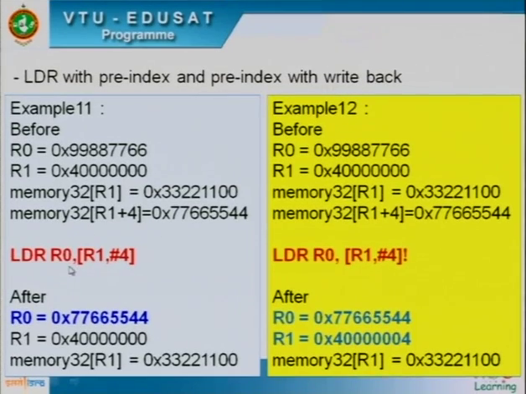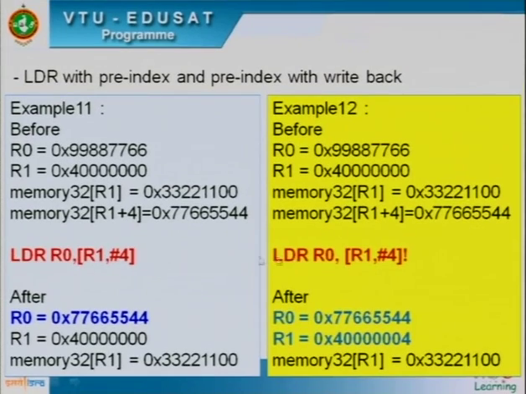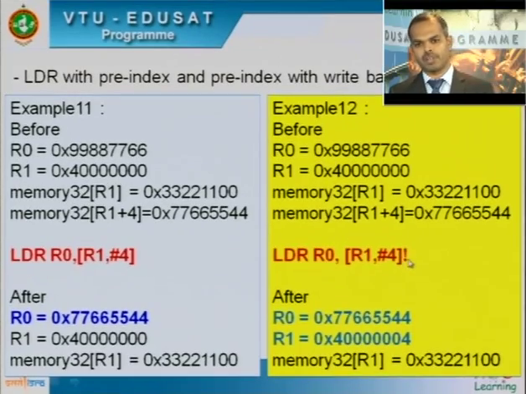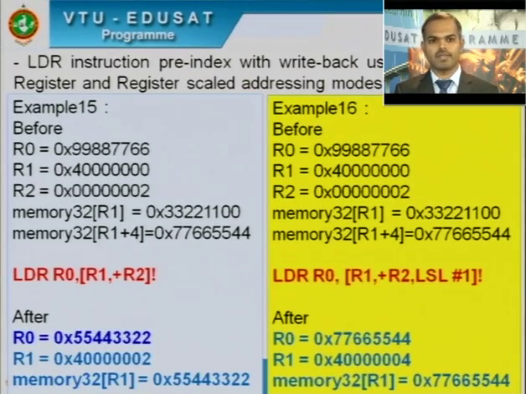What is the difference? Register R0 address is not incremented if it does not have a write back option. The write back option is just an exclamation mark at the end of the instruction. Similarly, store instruction with pre-index and pre-index with write back option.